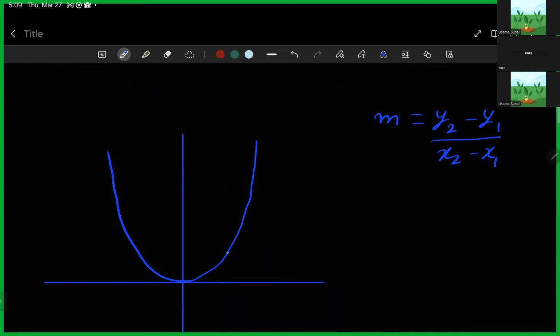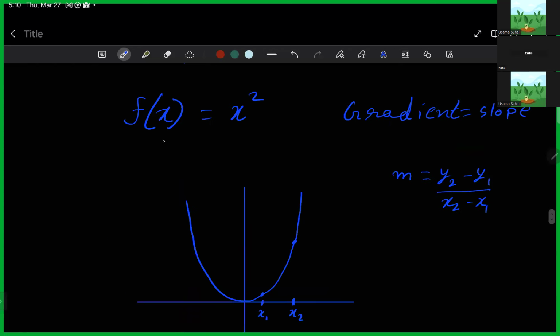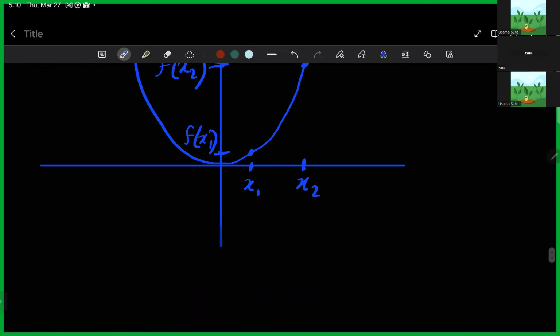Let's take this point to be x1 and this point to be x2. It is a function, right? So this point right here will be f of x1, and this point will be f of x2.